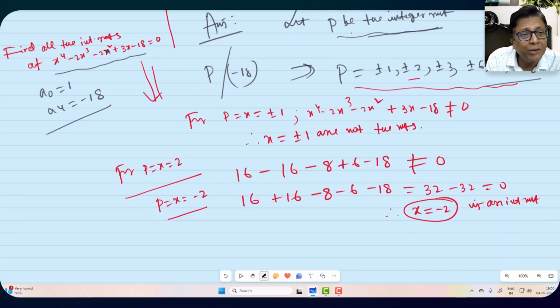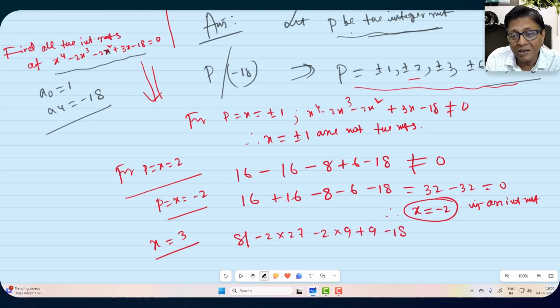Let me check with x equal to 3. Then it is 81, 2 into 27, 2 into 9, plus 9, minus 18. So 18, 18, 36, 36 and 90, and here this one added 90.